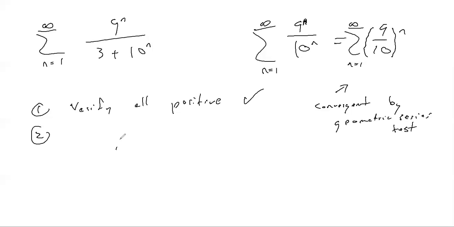My inequality. Okay, let's see. I would like this term to be less than or equal to this term to show it's convergent. So let's see if that holds. I got 9 to the n over 10 to the n over here. I'm dividing by a larger number over here. So yes, this should be less than or equal to this. And then finally, I write my conclusion.